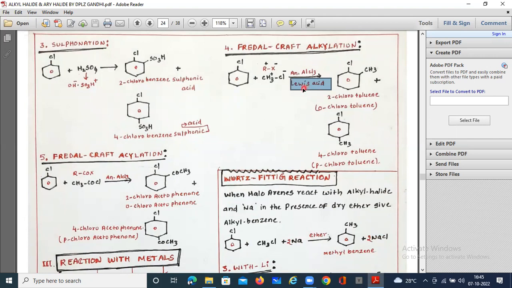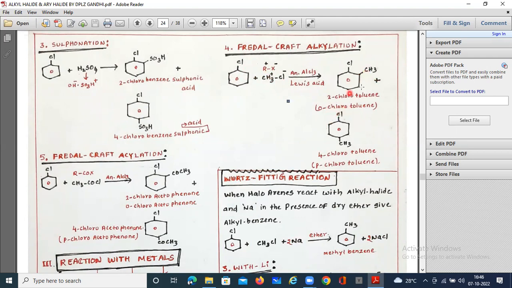Lewis acid. So the electrophile that attacks the haloarene is R plus, X minus. So the electrophile is R plus, which means CH3 can be attacked at the ortho position.